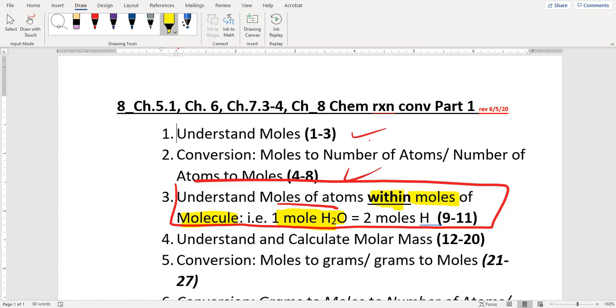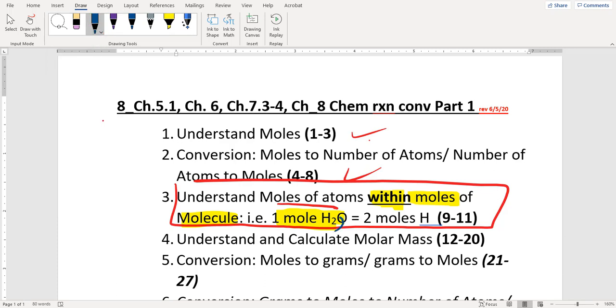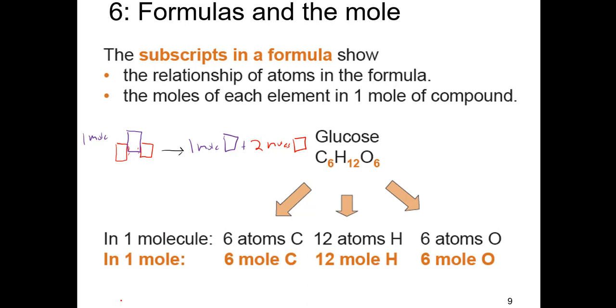It turns out that if we simply look at the subscript 2, it's automatically implied that that 2 means that there's going to be 2 moles of hydrogen. Going back to the slides.